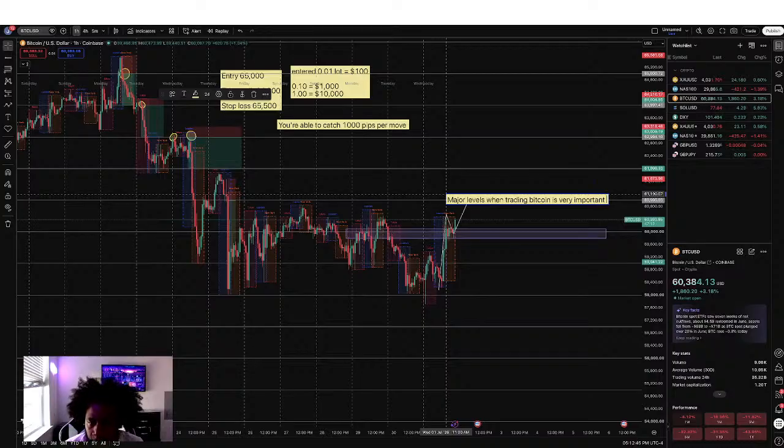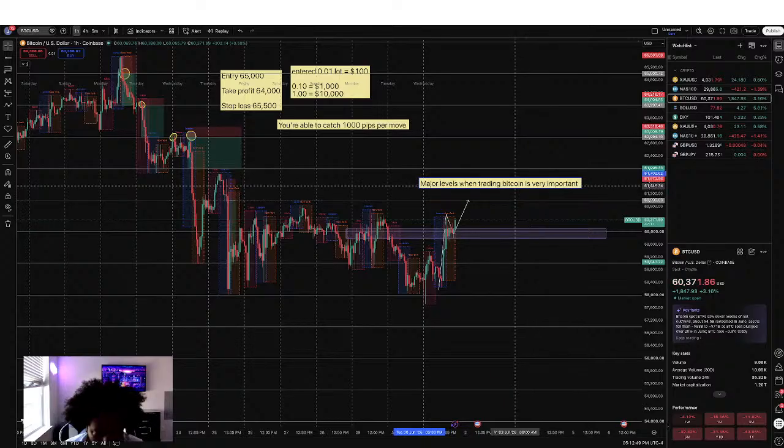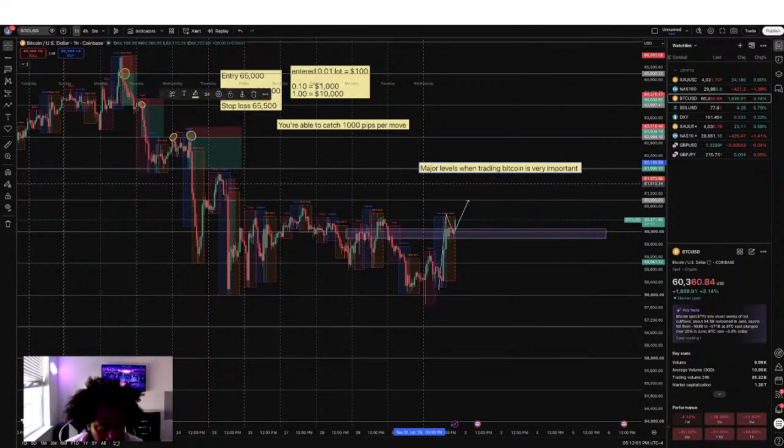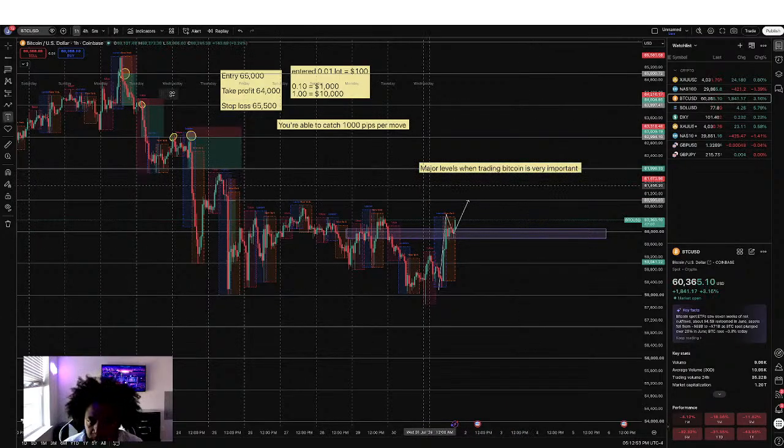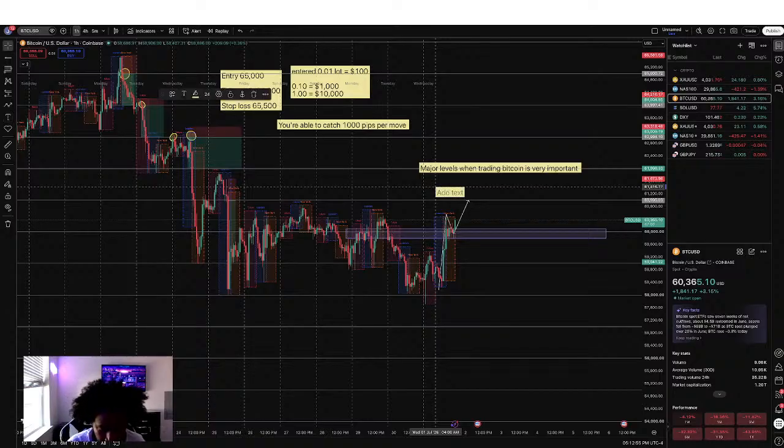So when you're trading Bitcoin, the major levels are very important, which is every $1,000. So major levels can be considered every $1,000 in price for Bitcoin.